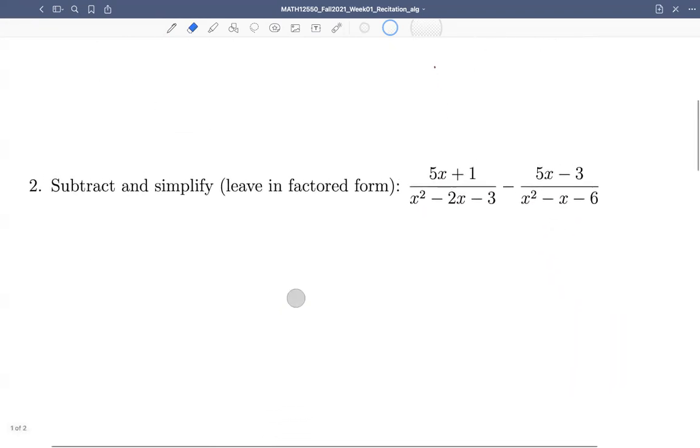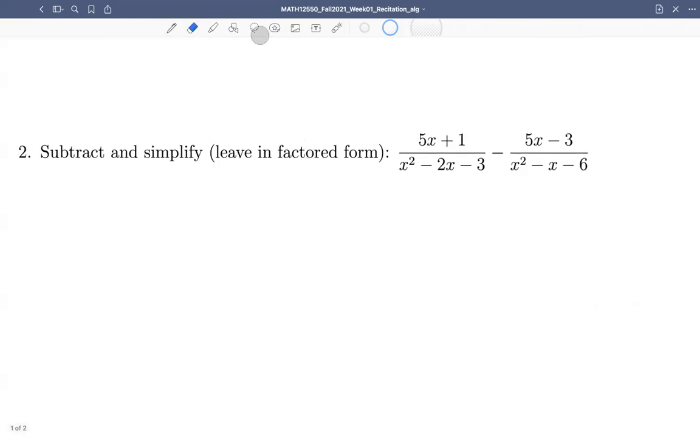So the second one, we want to put it into a factored form for the denominator. I'm only going to factor the denominator for now, then write the numerator back. The first one we can factor as x minus 3, x plus 1. And the second denominator, I'm going to leave some space. We can factor it as x minus 3, x plus 2.